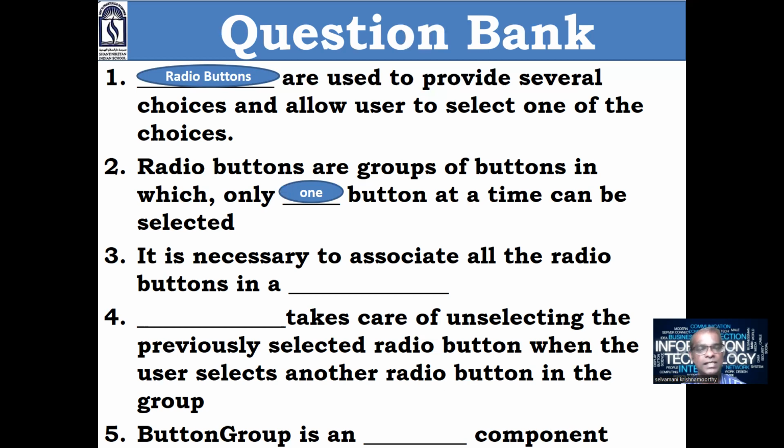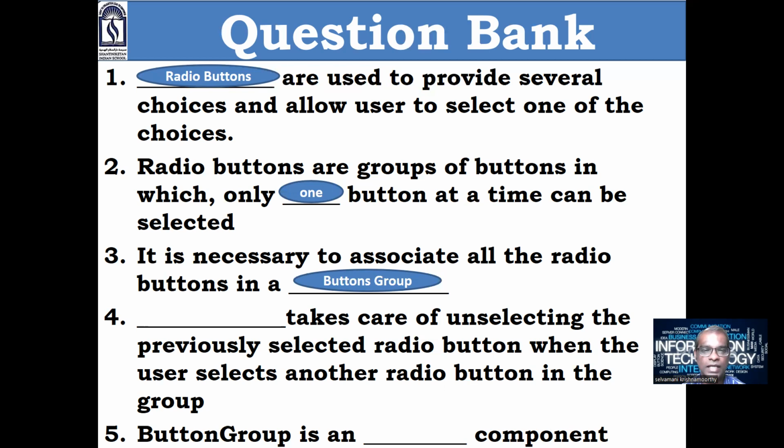Third one, it is necessary to associate all the radio buttons in a dash. Yes, button group. We created button group 1, radio button 1 for male, radio button 2 for female. Both are associated with button group 1.